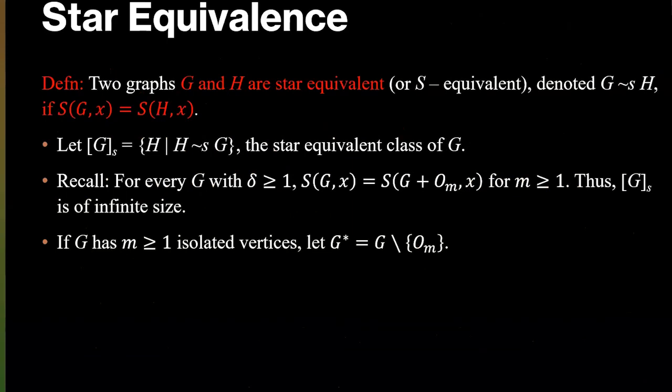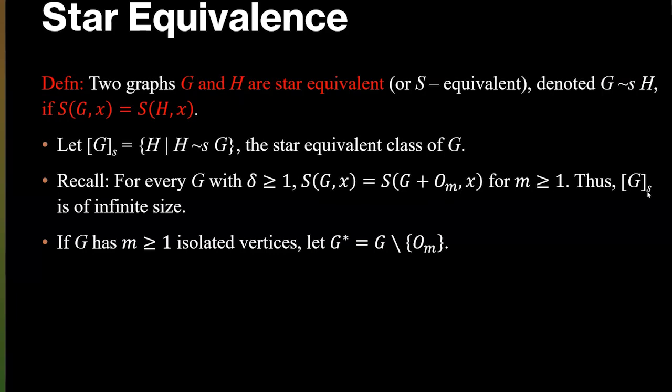With this, we are also able to define the star equivalence of graphs. We say two graphs G and H are star equivalent, or S-equivalent, if they have the same star polynomial. However, note that I already pointed out just now that every graph G and G plus isolated vertices must have the same star polynomial.